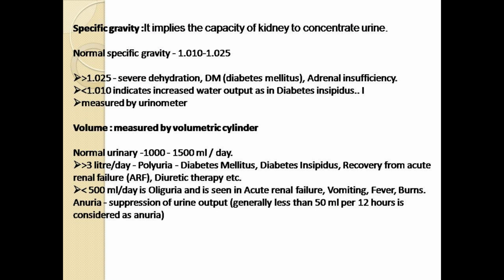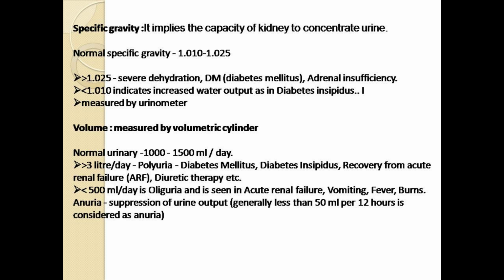Now we will talk about specific gravity. The specific gravity implies the capacity of the kidney to concentrate urine. The normal specific gravity of urine ranges from 1.010 to 1.025, and if it is more than 1.025, then it indicates severe dehydration or diabetes mellitus, or it can indicate the patient is suffering from adrenal insufficiency.